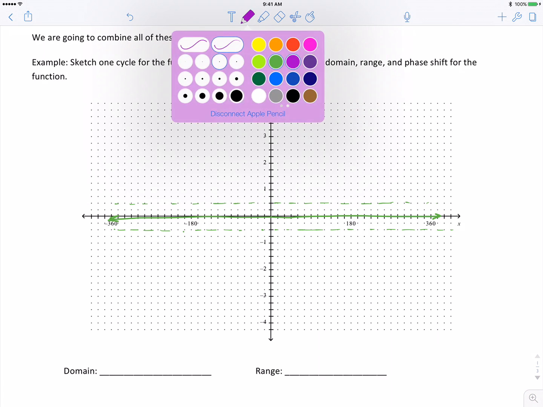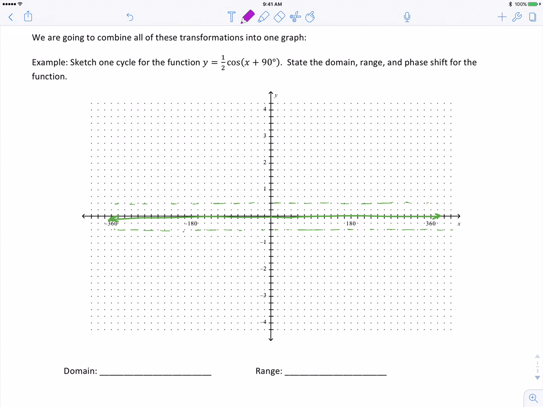And remember, cosine generally starts at 0, but in this case, it's going to start 90 degrees towards the left. What you'll notice, though, is that I don't have a scale on here. Well, I have the 180, and remember, that's going to be 1, 2, 3, 4, 5, 6 ticks to get to 90.